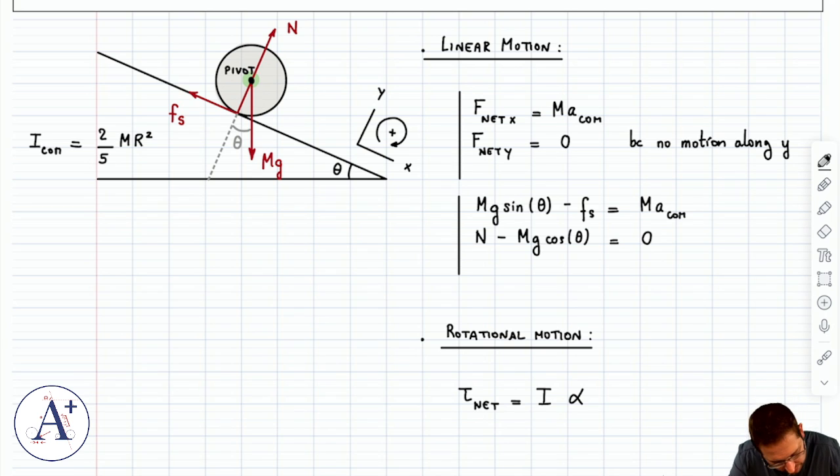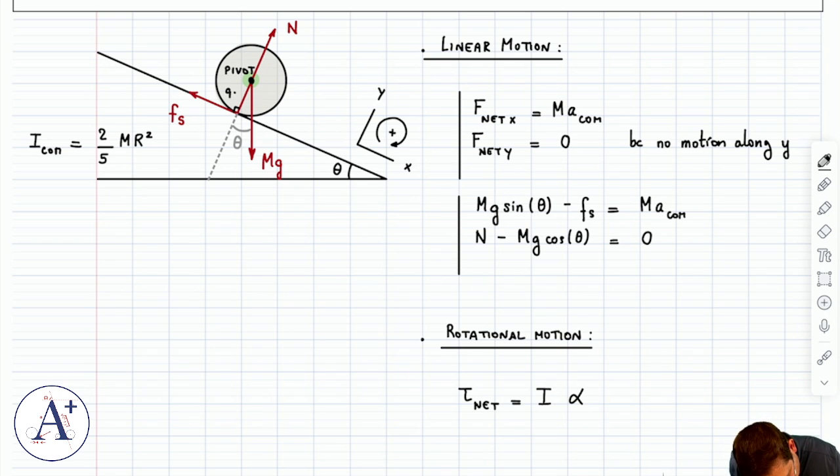Okay, so torque net is equal to I alpha. Any force that goes through the pivot creates no torque about that pivot. So the normal force creates no torque about the pivot. The weight force creates no torque about the pivot. The only force that creates a torque about the pivot is static friction. It is the reason why we get rotation clockwise like this.